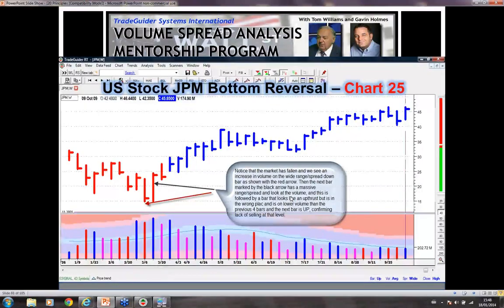Here is one of my favourites, because I traded this. This is JP Morgan, and the news was bad. They had a widespread down bar, as you can see. The volume was very high. But look at this next bar, and it closed higher than that previous bar, and it completely reversed the trend. So the first bar is a shakeout, really. That's what it does.